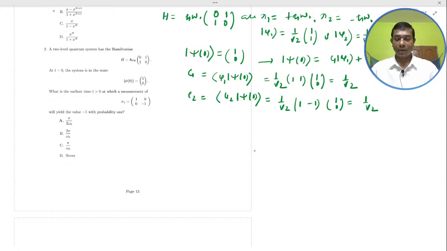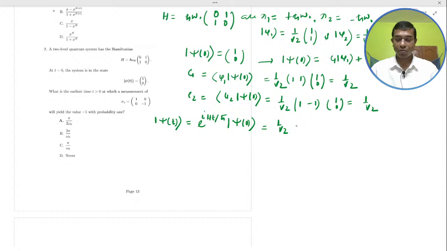Now the time-evolved state at time t: psi t would become e to the power minus i H t by h cross times psi 0, the time evolving state.